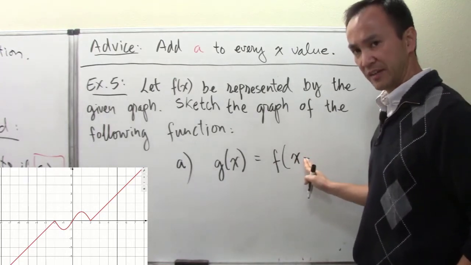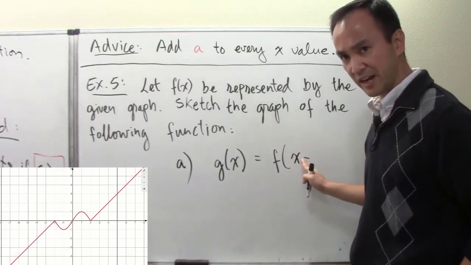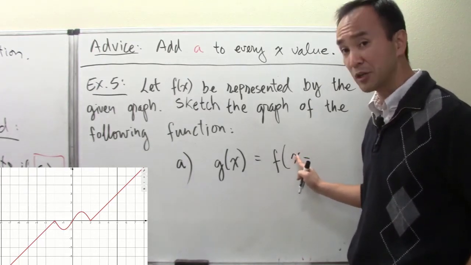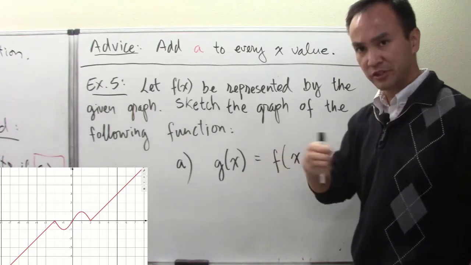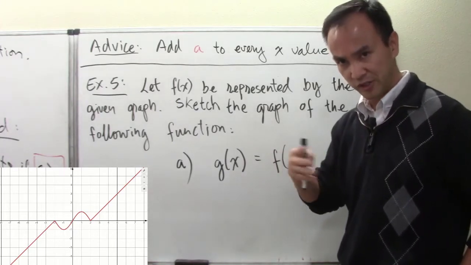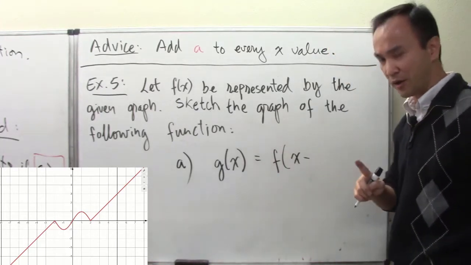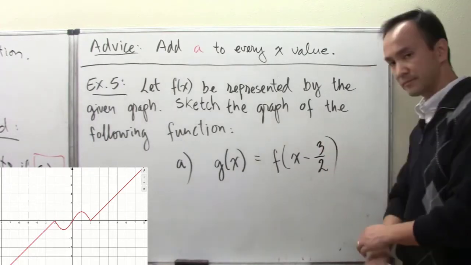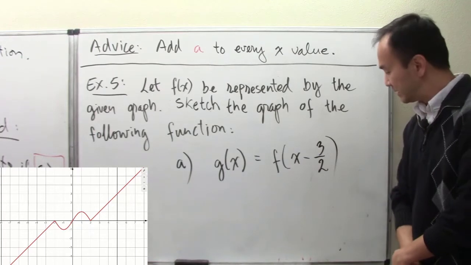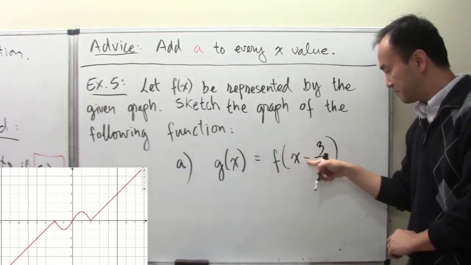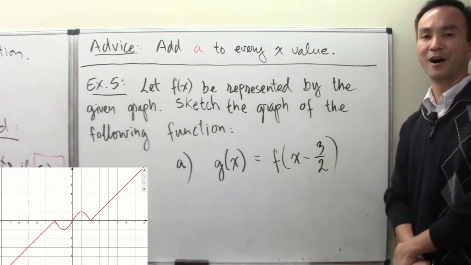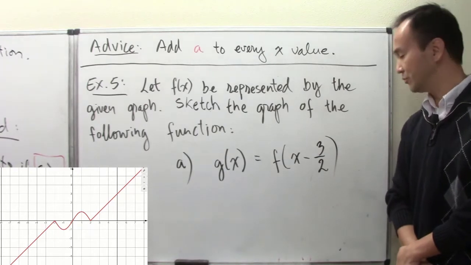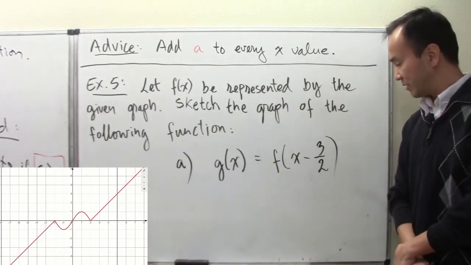This is giving us an expectation already that the graph we eventually graph in blue will be shifted horizontally, but I don't know yet whether to the left or to the right. So this is the one that we're about to graph right here.